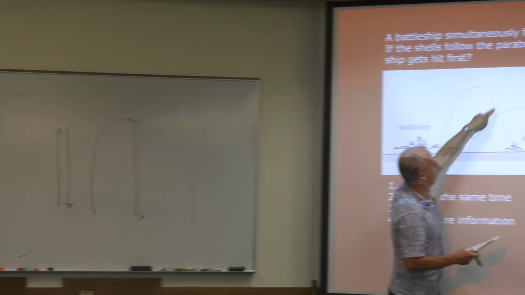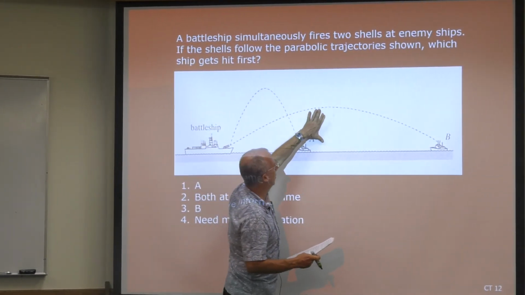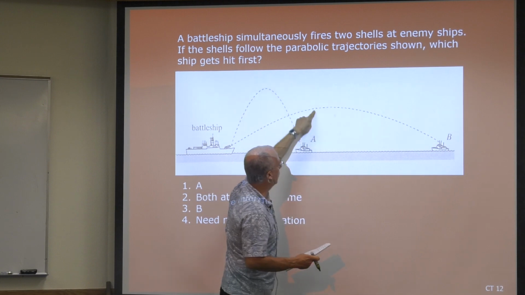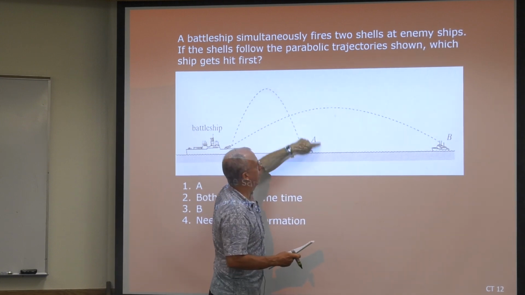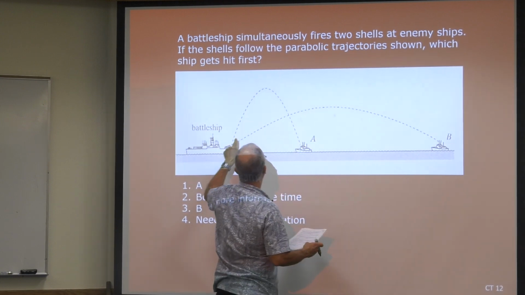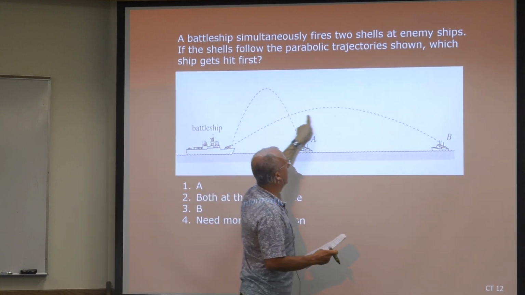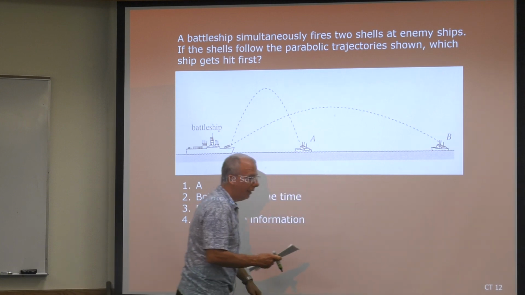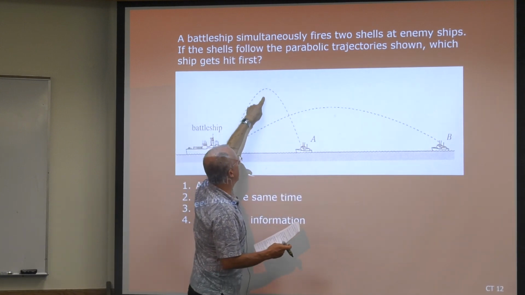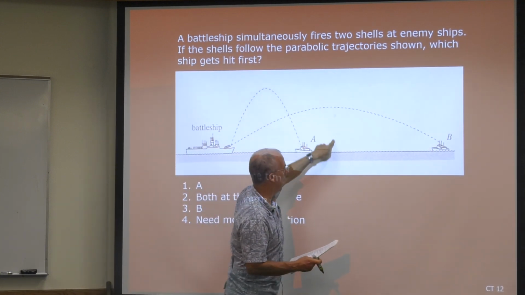This one, right? Because remember, the time only depends on the height, I mean, the delta y. So this one is in the air longer than this one, right? Because this time is longer than this time.